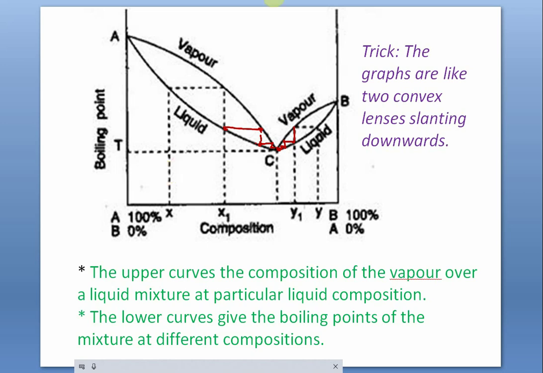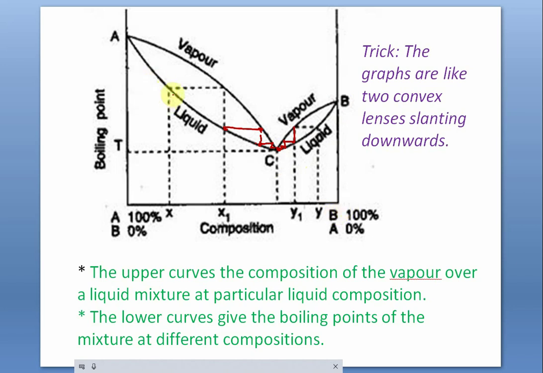Right? So if you select any composition to the right of the azeotropic point, that is more than, for example, for ethanol-water, more than 95.6%, then the distillate will give you the azeotrope and the residue will give you pure B or the pure more volatile component, say ethanol.